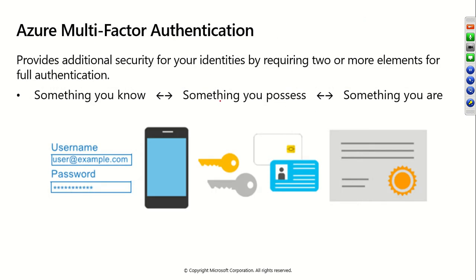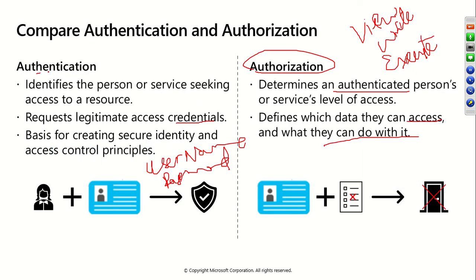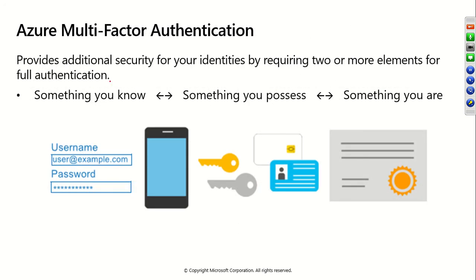All right. One of the ways to ensure that we have a good way to authenticate people is to provide multiple ways by which people identify themselves. Providing multiple ways by which people identify themselves is called multi-factor authentication, where people provide username and password.